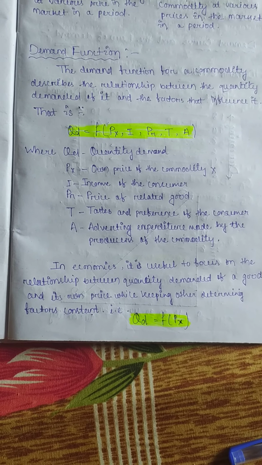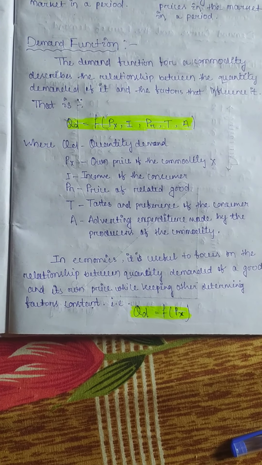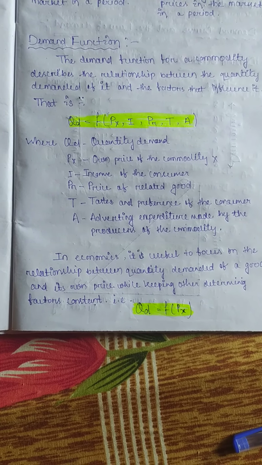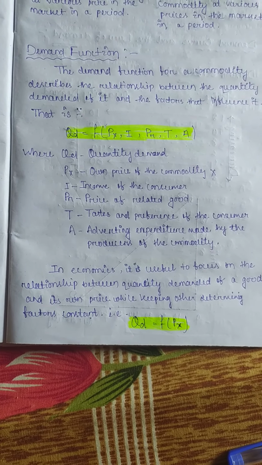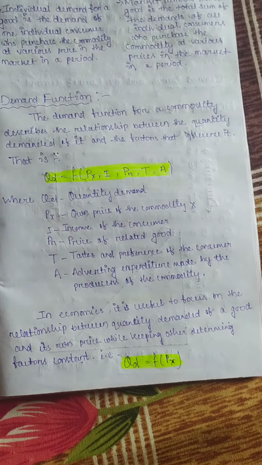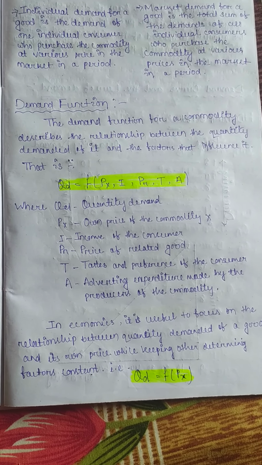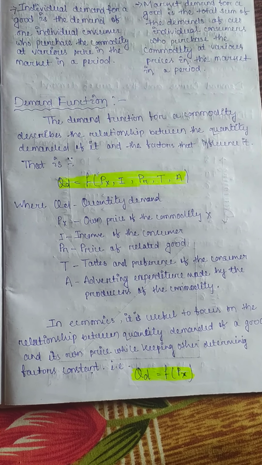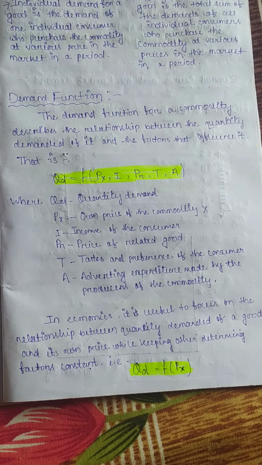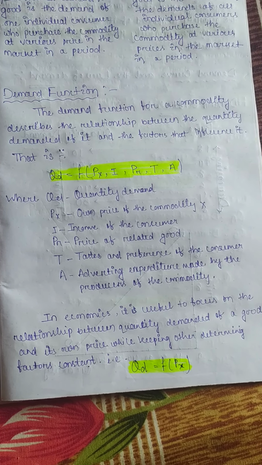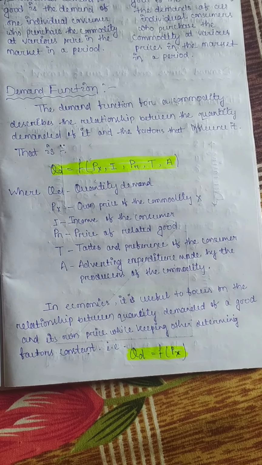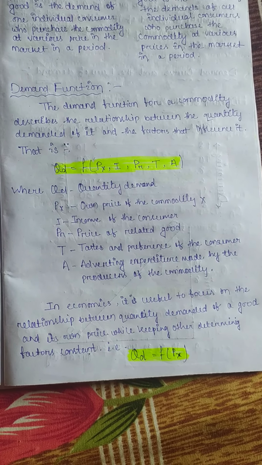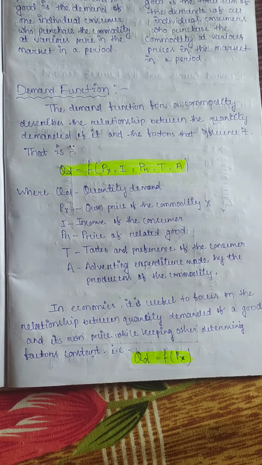Then the demand function. The demand function for a commodity describes the relation between quantity demand of a commodity and the factors that influence it. Factors are the taste of a consumer, price of the commodity, income of the consumer, price of the related goods, substitute goods, complementary goods. All these things define the demand function.